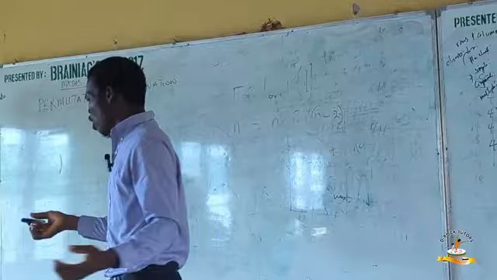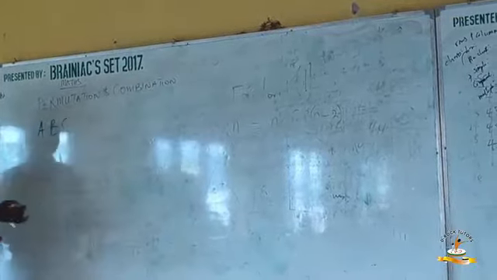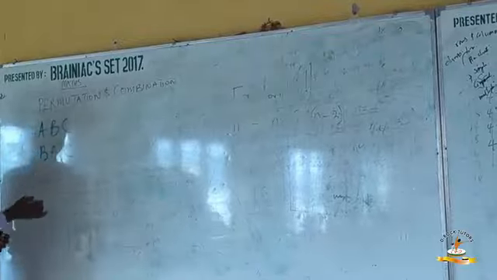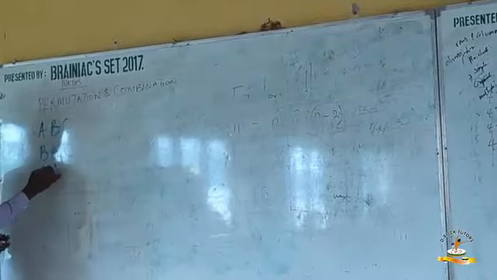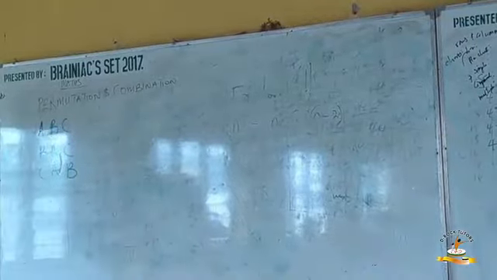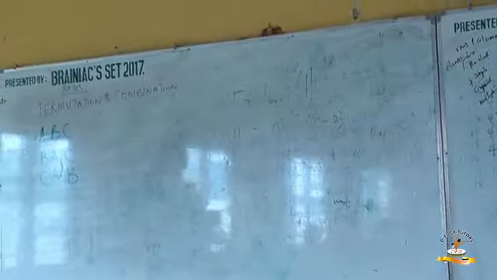So when I write 3-letter words A, B, C, and I write another one B, A, C, and another one C, A, B, is this combination or permutation? Combination.